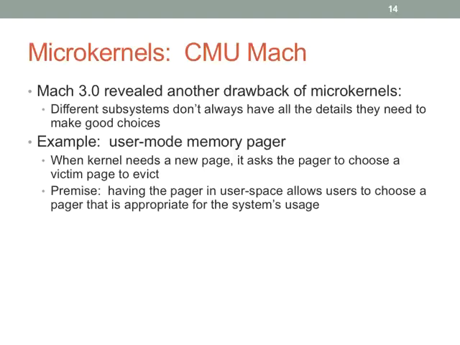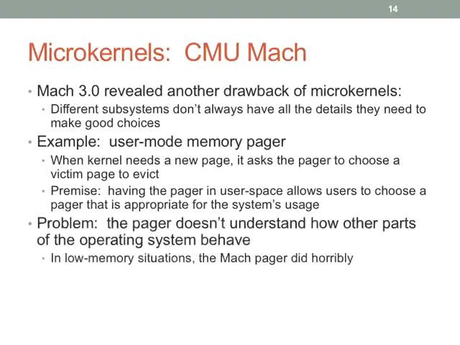But the issue is it doesn't know how other parts of the kernel or other parts of the system actually behave. And so what they found is that Mach did, funny that we're talking about low memory situations, terribly in low memory situations because it wasn't aware of all the other parts of the system that may be applying memory pressure. It may not know what things have constraints or demands.